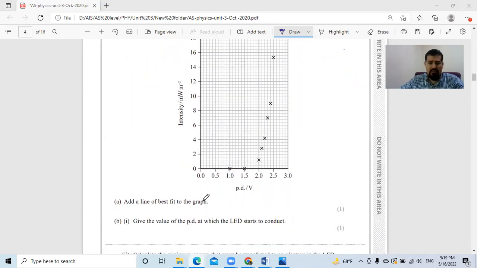Add a line of best fit on the graph. Now you can draw this with a pencil first, try to make it a very thin and very smooth line, then you can redraw it with a pen. You know that the LED starts from 0 and goes like this to the 0, then suddenly it goes up, and try to pass through most of the points as smoothly as possible, and do not go back as I did here, because it's hard to draw with this pen on the computer.